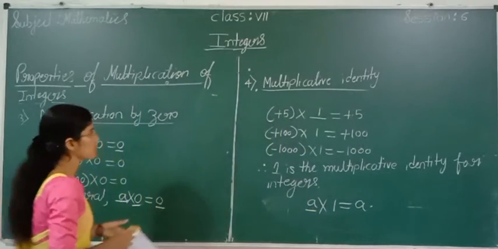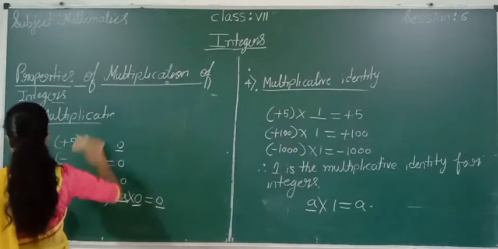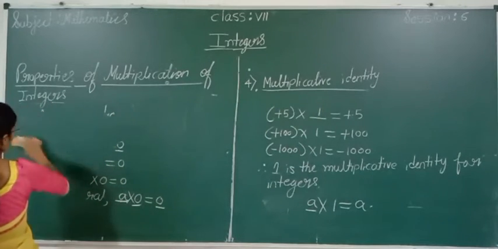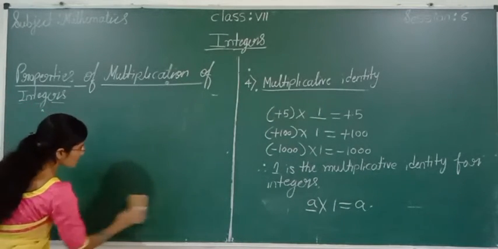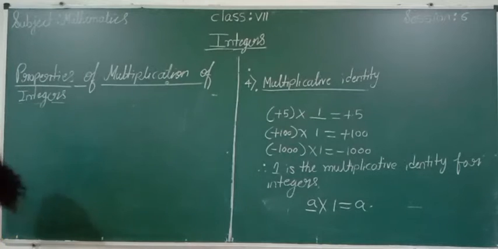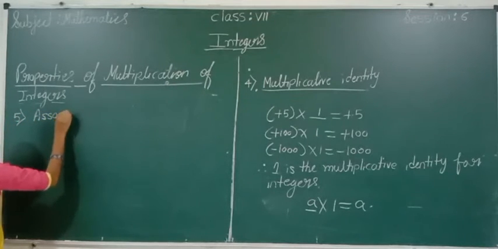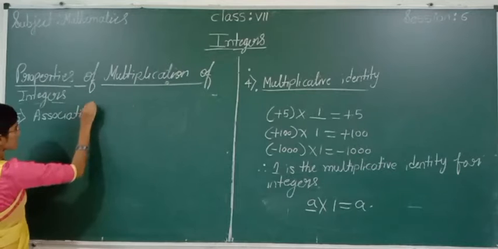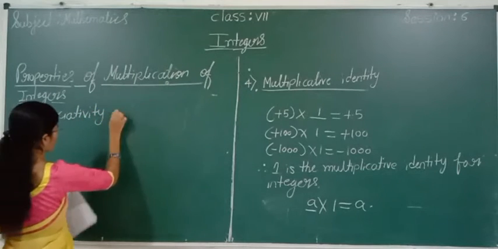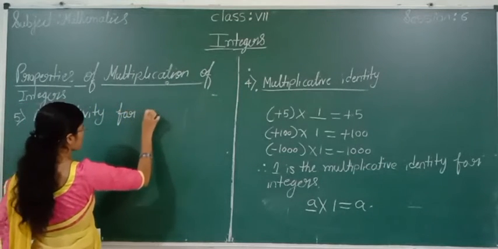So the next property we will see is associativity for multiplication.